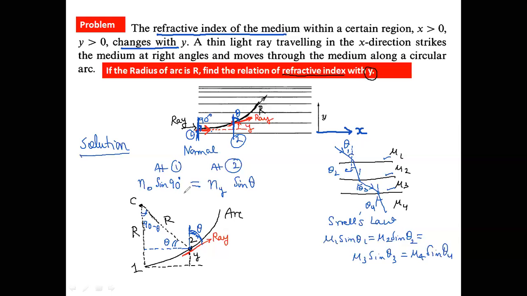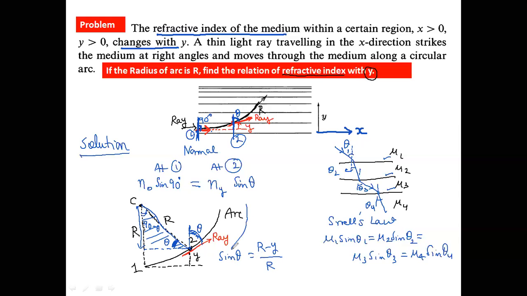Now sine of theta can be obtained from this triangle. Sine of theta will equal the perpendicular length, which is r minus y, over the hypotenuse length, which is the radius of curvature r.